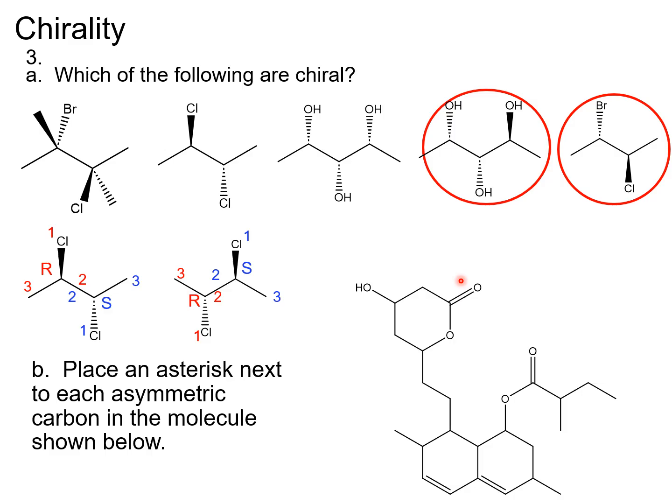So I would start up here, this alcohol group, right? There's one hydrogen there. I can see that this pathway and this pathway are different, so I know that's going to be an asymmetric carbon. For this one, I again have one hydrogen here. I have an oxygen, a CH2 that's part of a ring, and a CH2 that's not part of a ring. So that's another asymmetric carbon.